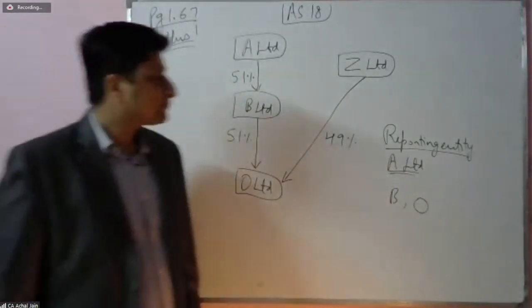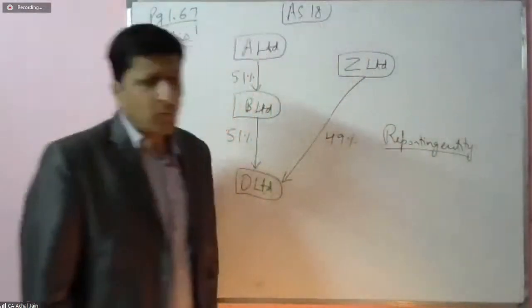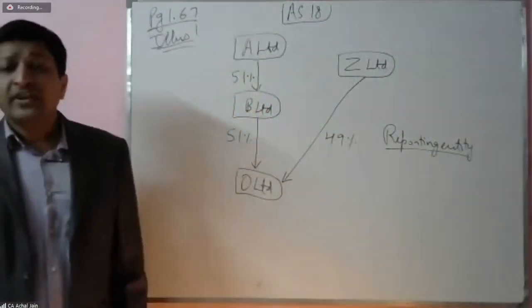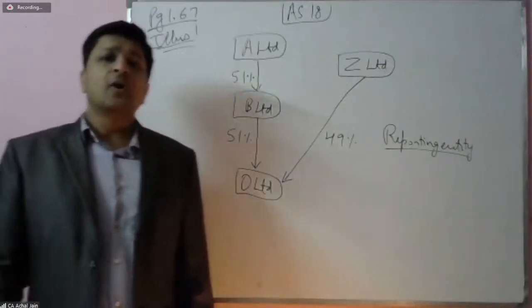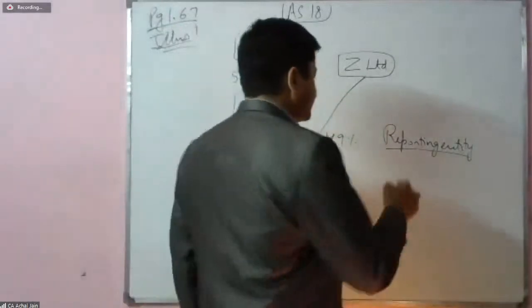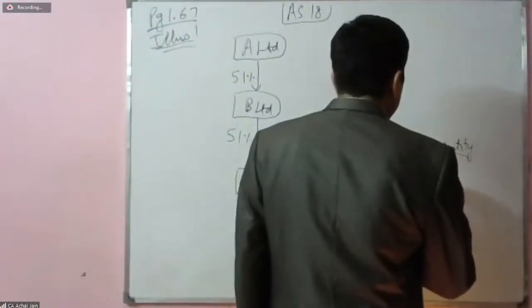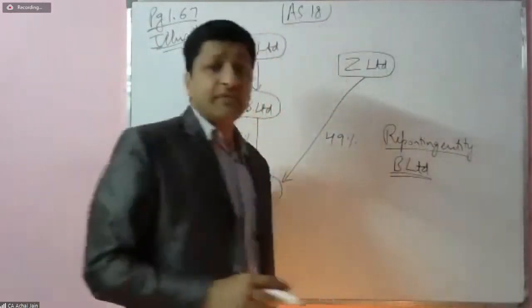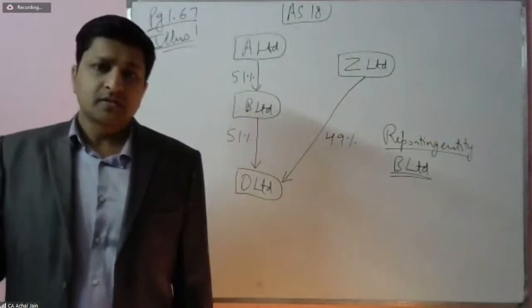Now, let's suppose we need to check the related parties of B. So who is the reporting entity? B Limited. For B, we need to check who all will be the related parties.